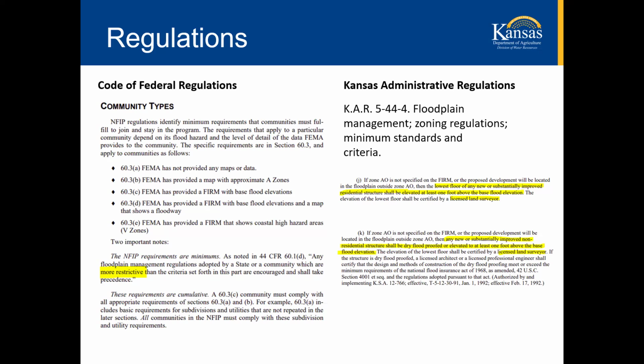So you have the Kansas administrative regulations, and then there's some Kansas state statutes that also apply. So it gets a little bit complicated where the federal and state regulations intersect, but we do have all of our models reviewed by FEMA prior to presenting them to communities, and our legal team also reviews them.